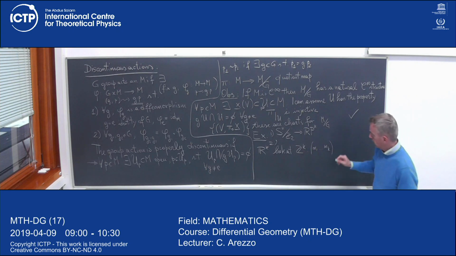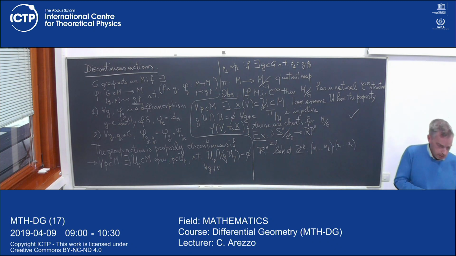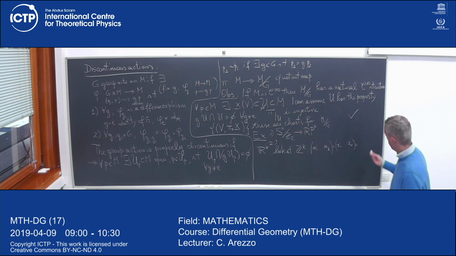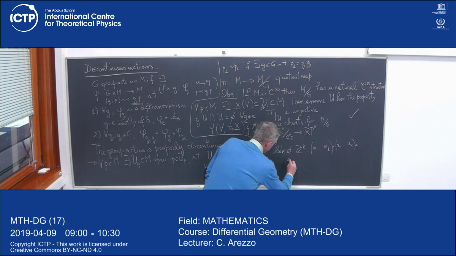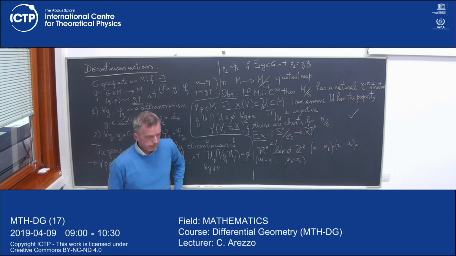An element here acts on a real vector by translations, okay? So, of course, it sends (x1, ..., xk) to (m1 + x1, ..., mk + xk). Okay.